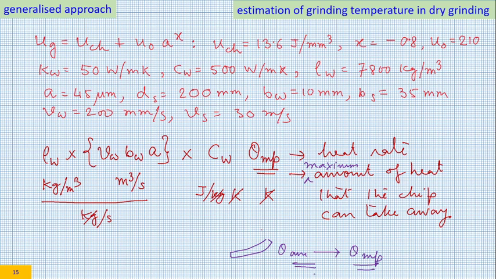You might say, where is the guarantee that all the chips are going to melting temperature? There is a concept called upper bound solution and lower bound solution in the analytical domain. This is the upper bound solution. This is the maximum amount of heat it can take away.